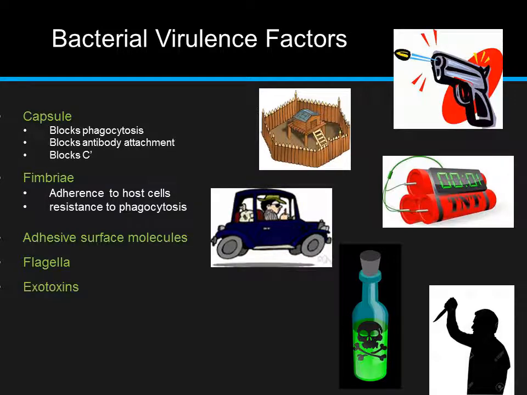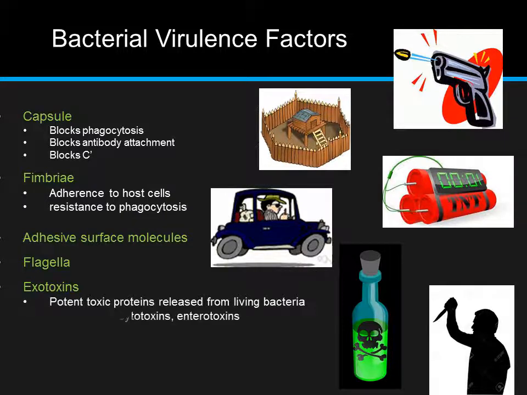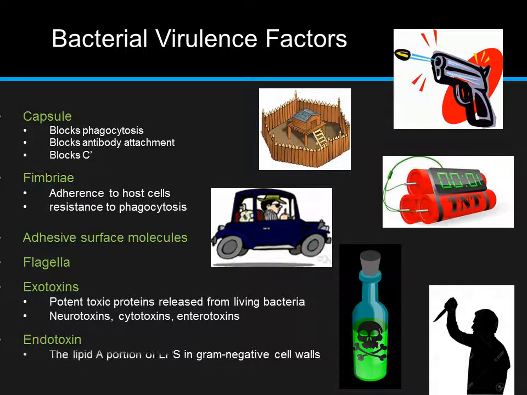Flagella can serve as adhesive molecules, and then they also can serve to propel the pathogen away from our immune response. And then there's the exotoxins and the endotoxins. So as we run through these again, hopefully it's in your educational background. Now we can think of these virulence factors in terms of how they interact with different facets of our immune system.